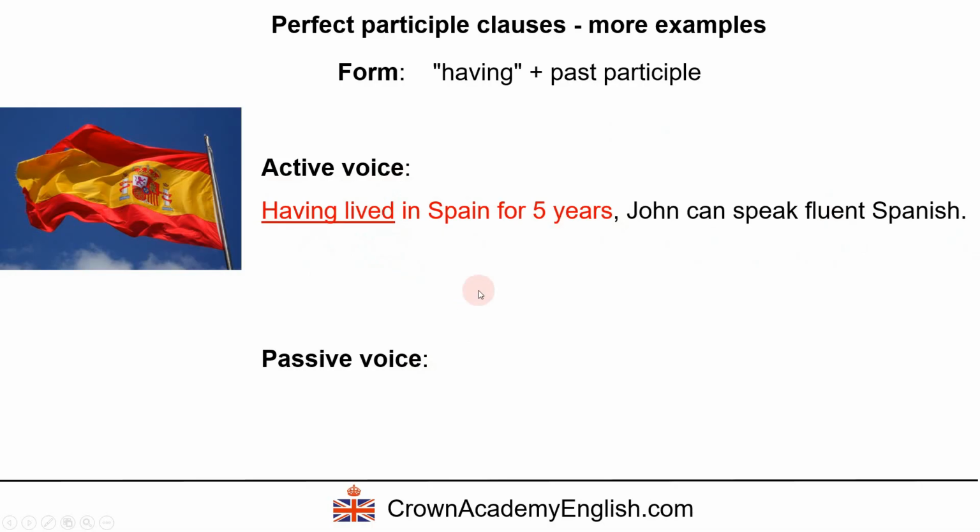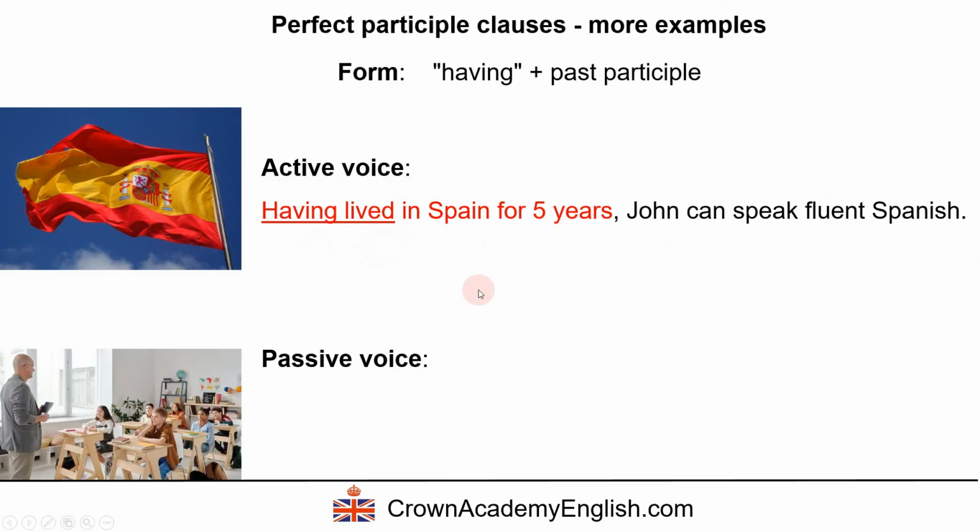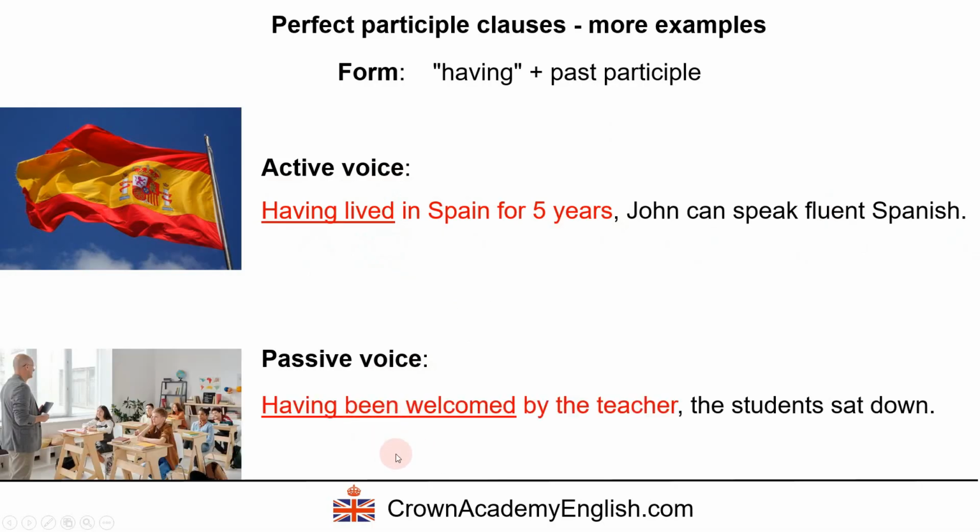Now let's look at the passive voice. Having been welcomed by the teacher, the students sat down. Okay, so the full version would be, after the students had been welcomed by the teacher, they sat down. Okay, and in the short version with the perfect participle, we simply say, having been welcomed.